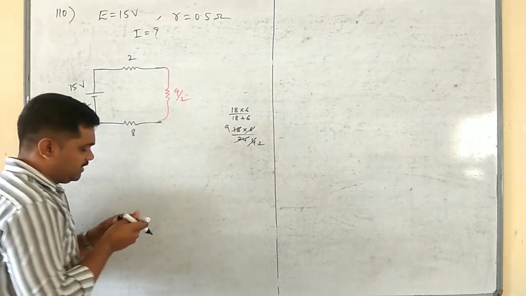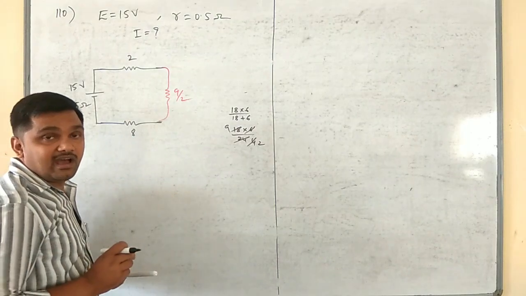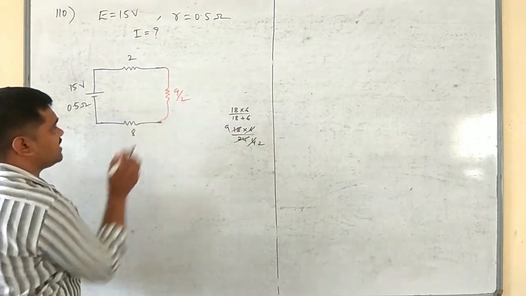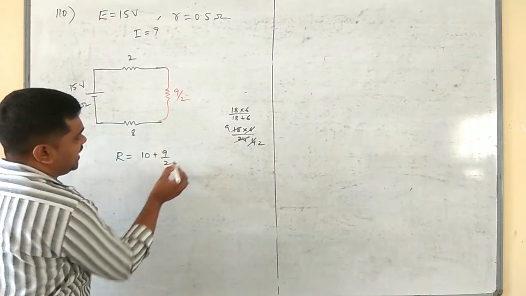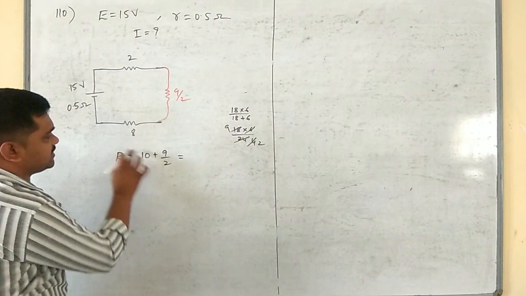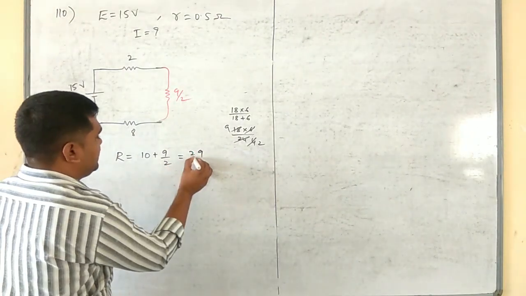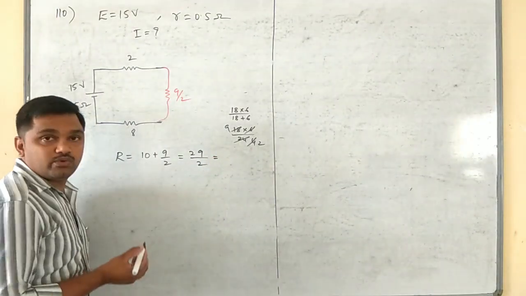Next, 9 by 2, 2 and 8 are in series. 8 plus 2 is 10, 10 plus 9 by 2 gives us 29 divided by 2.